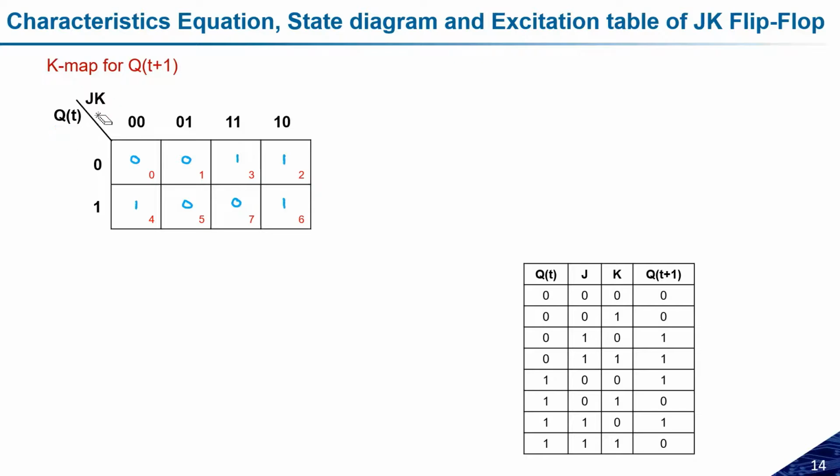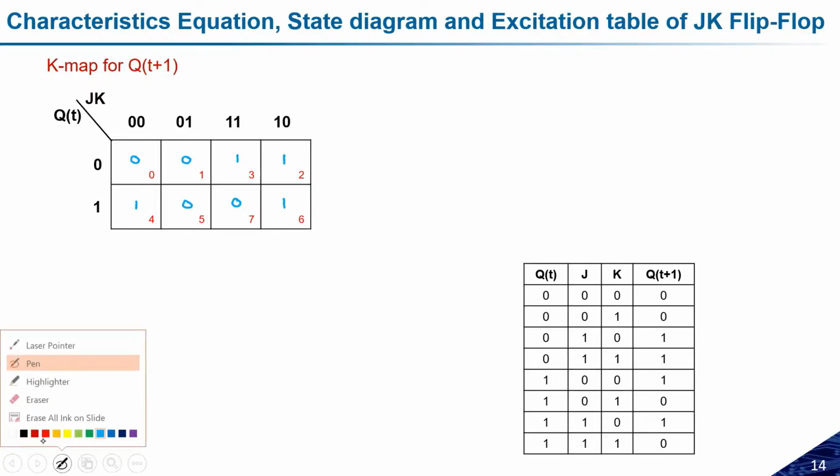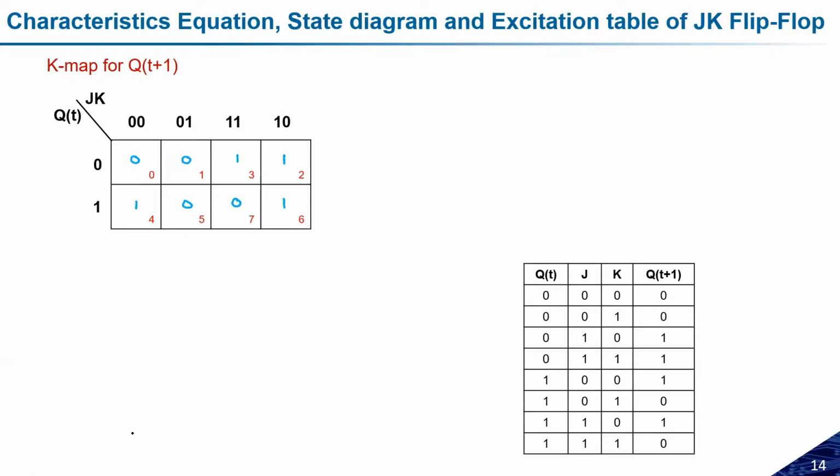If we try to make the pairing, the first pair that we can make is this one, which is the possible pair. The second one is we can make here, this one and this one. After making these two pairs, we are able to accommodate all the ones.